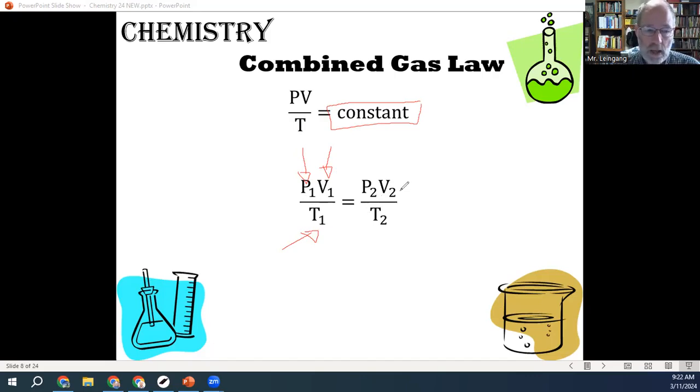For instance, if I have a gas and I know that it is going to undergo a temperature change, I could say, if the temperature changes this much, since the container hasn't changed, most of the time the container size stays the same, I can calculate what the change in the pressure will be.